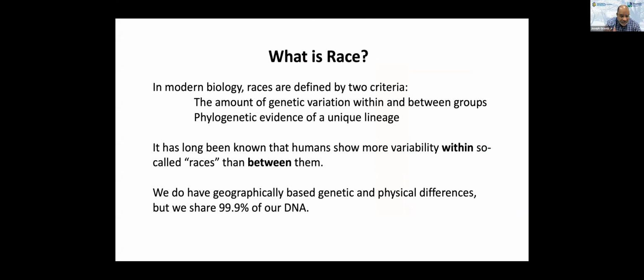Now, it's long been known that in humans, there's more variability within so-called races than between them. We do have geographically based genetic and physical differences. Let me be clear on that, because folks often confuse the existence of geographically based genetic variation with the presence of race. They are not the same thing. Any two human beings drawn from any two places in the world are likely to share 99.9% of their genome. Next slide, please.